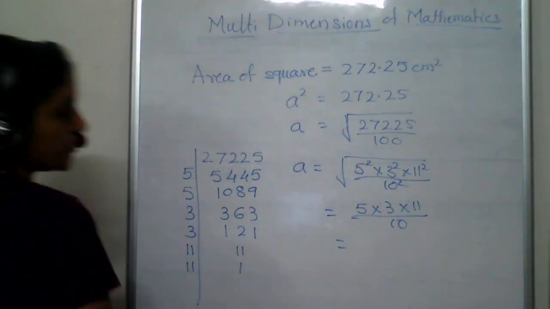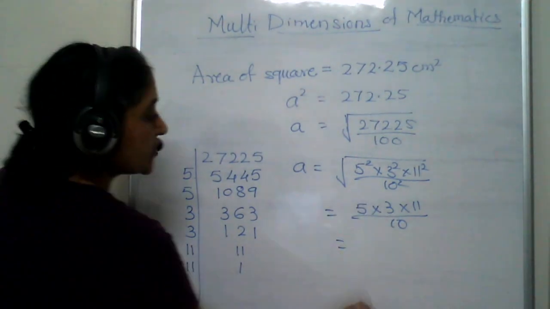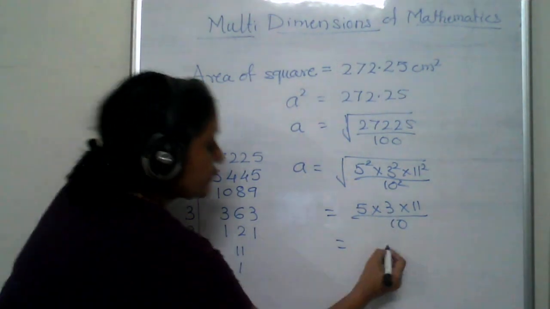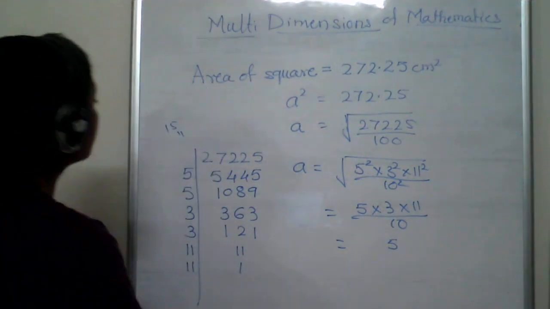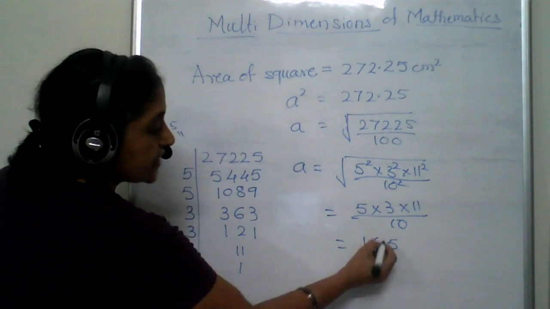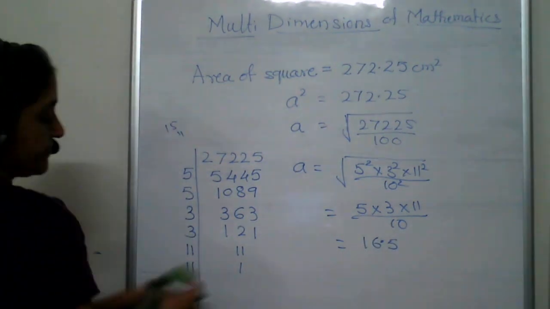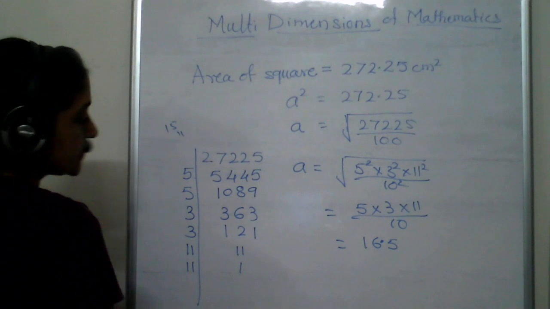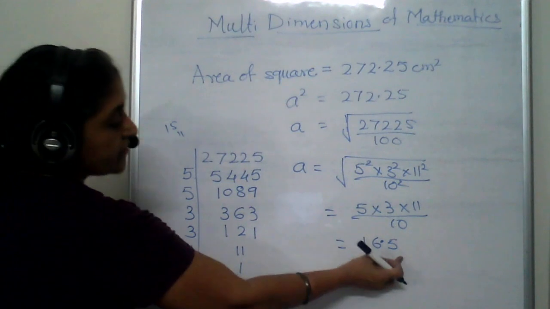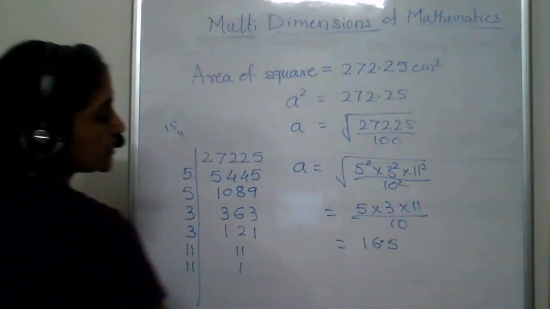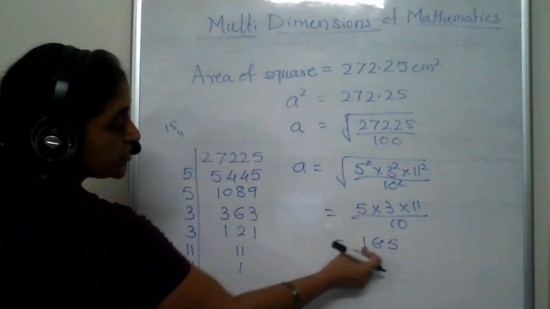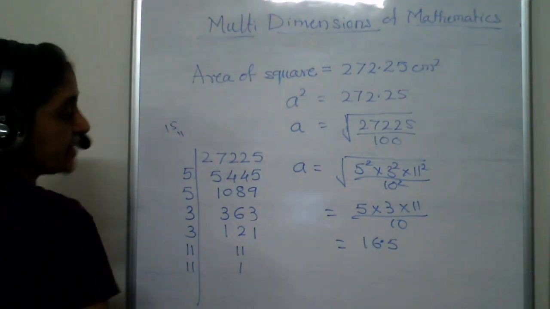Now what is this? 5 3s are 15, 15 into 11. 11 5s are 55, carry 5, 11 ones are 11 plus 5 is 16, but you have divided by 10, hence it is 16.5. Check with this: these are the prime factors. When you multiply these three, you are getting 165, 15 into 11 is 165, and you will be getting 16.5 because you have divided by 10 there.